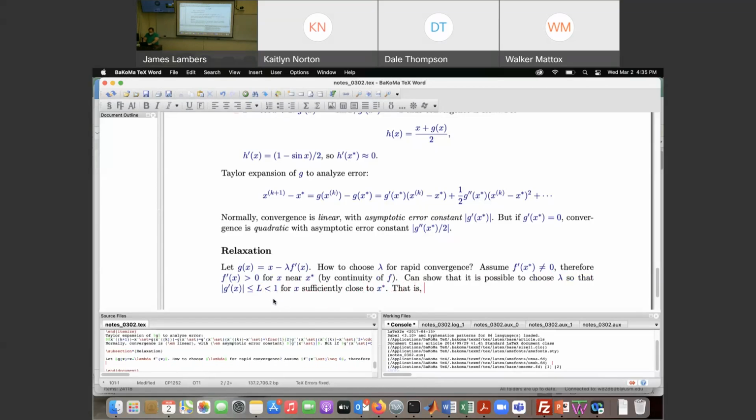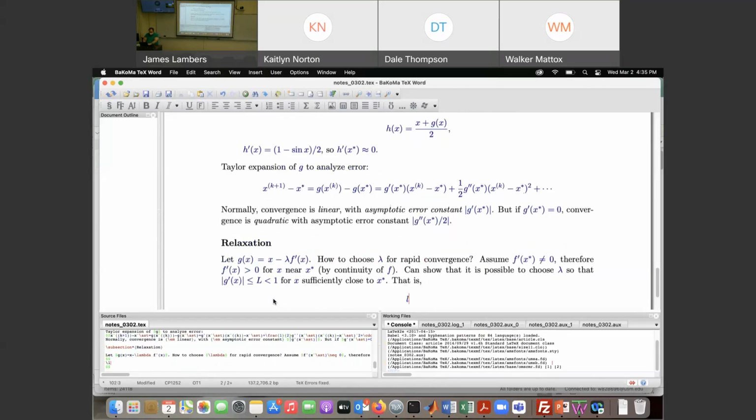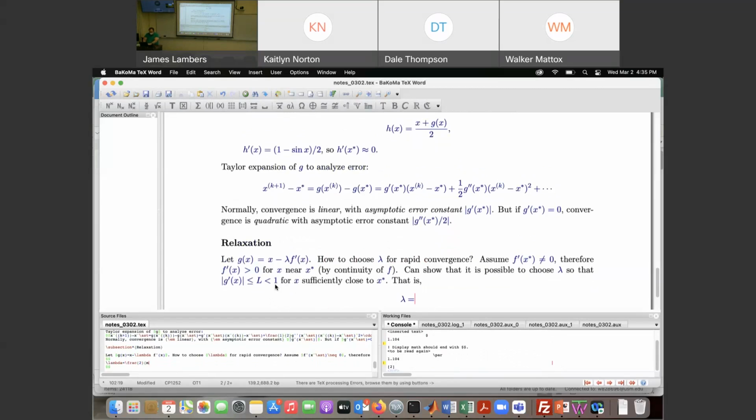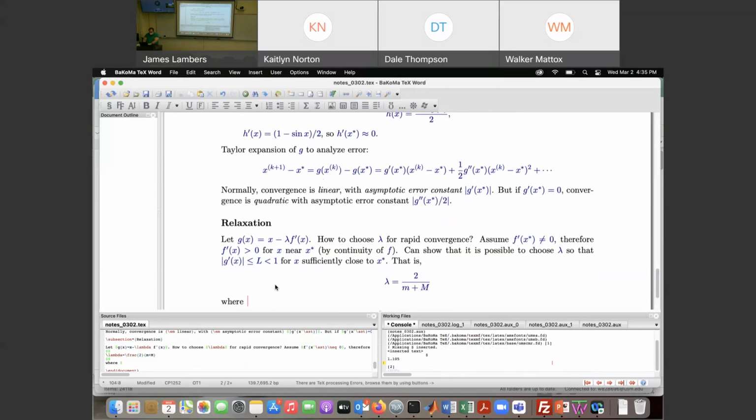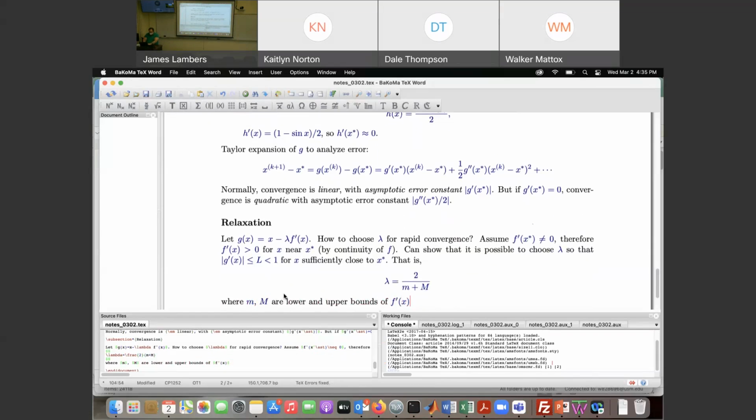And what you do is you choose the optimal value, lambda equal to 2 over little m plus big M, where little m and big M are lower and upper bounds on f prime, if we're working on an interval where f prime is known to be non-zero.